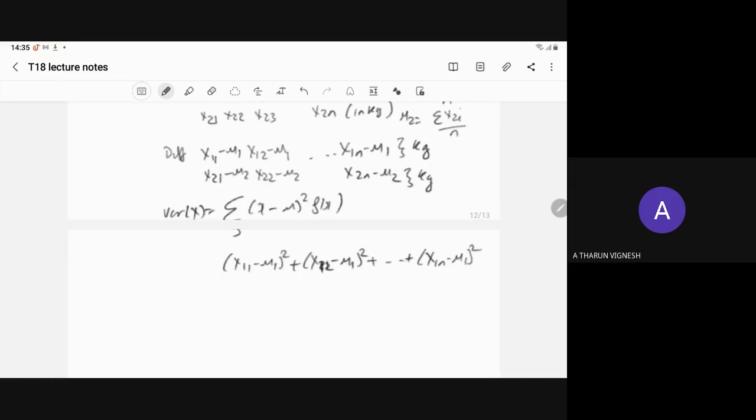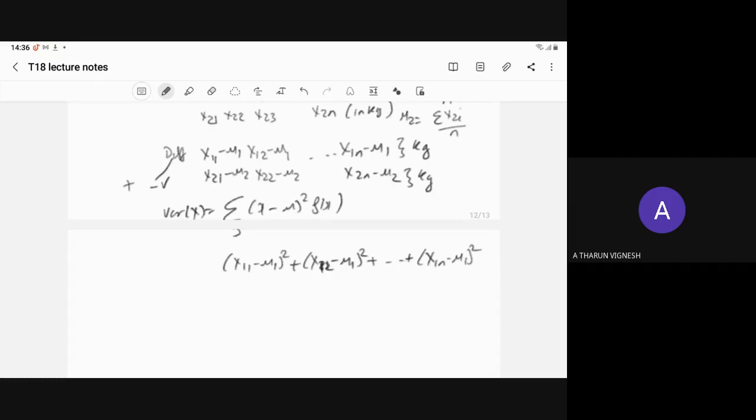As we are doing the square, we are neglecting the actual physical meaning. When we subtract, the difference can be positive or negative. If you add directly, there is no change in the physical interpretation.